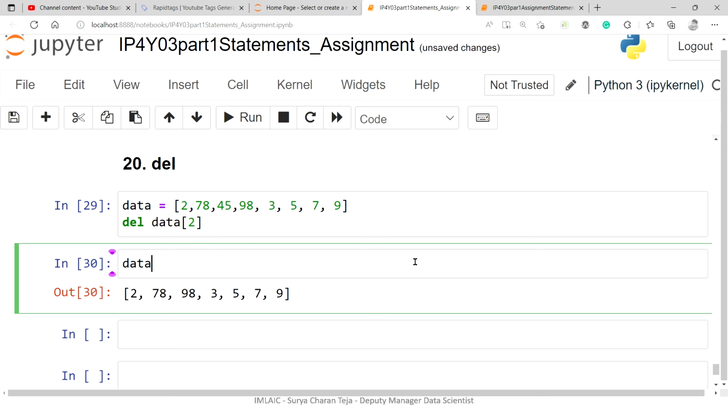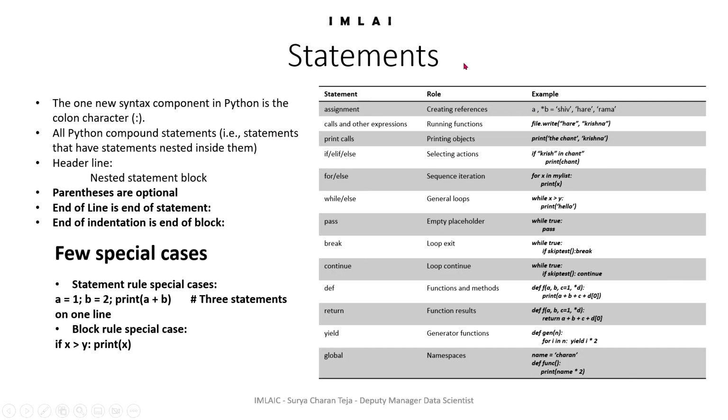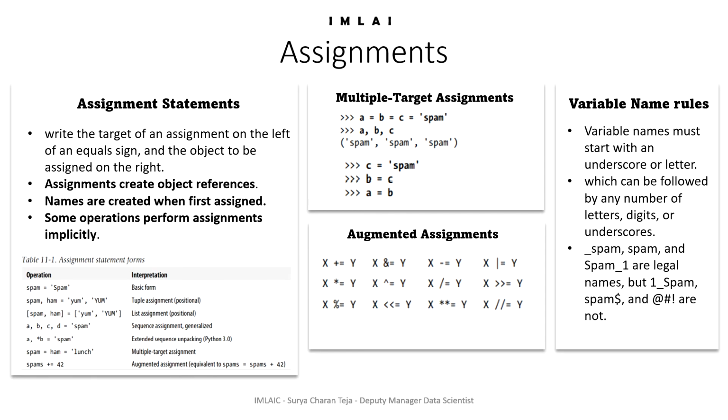Now we have seen the various types of statements that we can use with Python, and with this we will move on to the various types of assignments that we can do in Python. We have been using Python assignment statements for a while to assign objects to names.